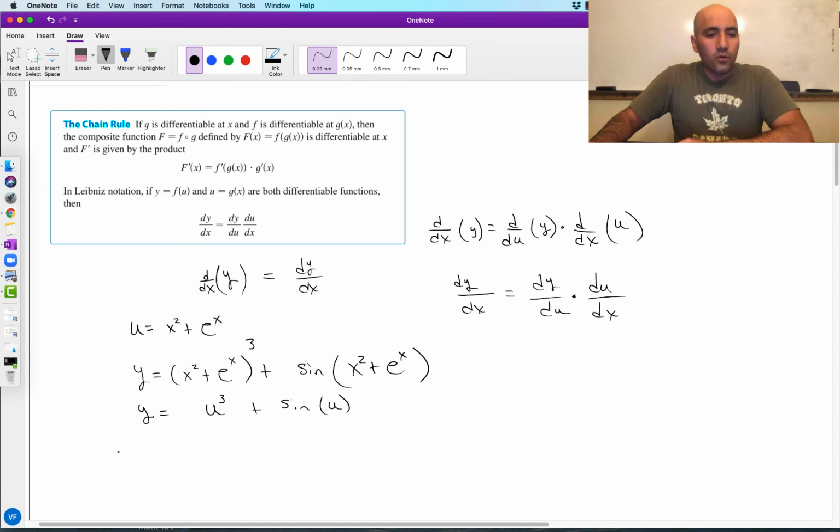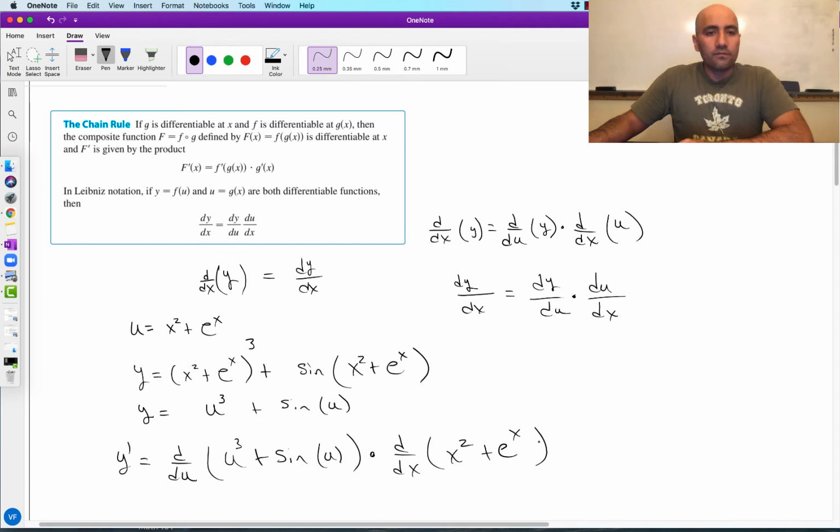Now y prime is going to be equal to the derivative with respect to u of the u function, which is u to the third power plus sine of u, times the derivative with respect to x, dx, of the u, which is this x squared plus e to the x. Good.